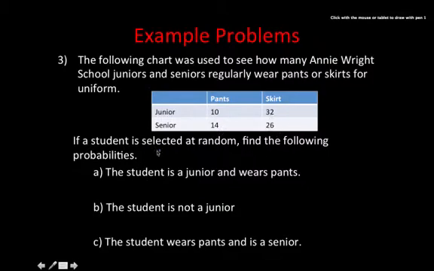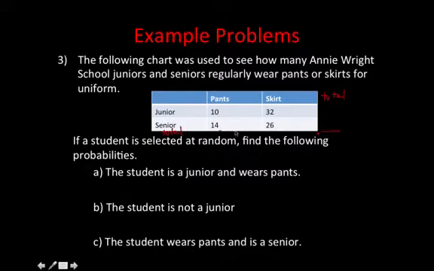So if a student is selected at random, we want to find the following probabilities. We want to find the probability that a student is a junior and wears pants. Actually, before we do this, we should probably find some totals here, because that's going to help a lot. I want to know how many juniors I have, and how many total wear pants and how many total wear skirts.